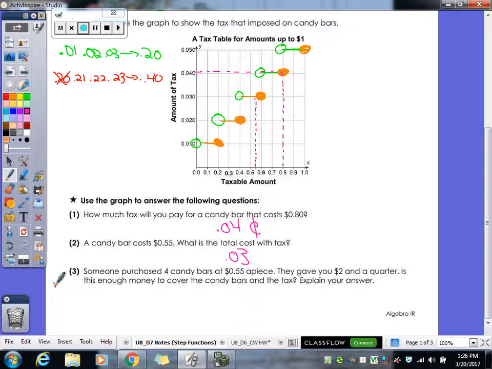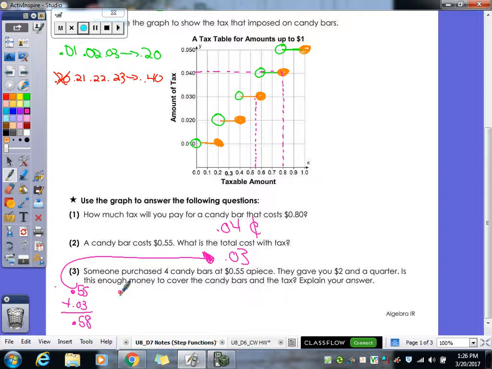All right. Someone purchased 4 candy bars at 55 cents a piece. Now, at 55 cents, we just figured out the tax was how much? So I'm going to add 3 cents to that candy bar. So actually, that candy bar is now going to cost me 58 cents. And I'm buying 4 of them.